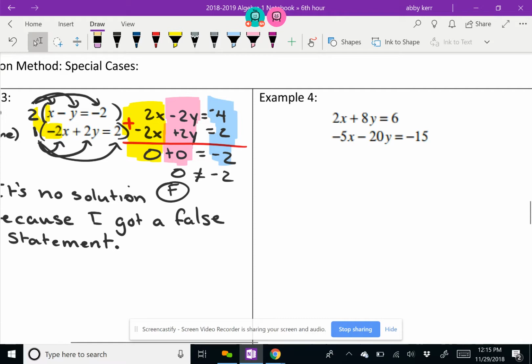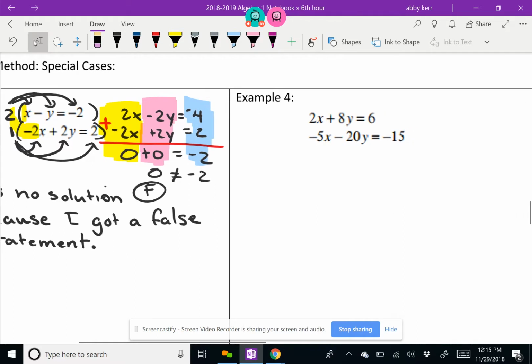Now in example 4, you're going to do this same flow map. Notice that we only did the first 3 steps. We're going to multiply the first equation by the opposite of the first coefficient of the second equation. So the opposite of negative 5 is 5. So I'm making that opposite.